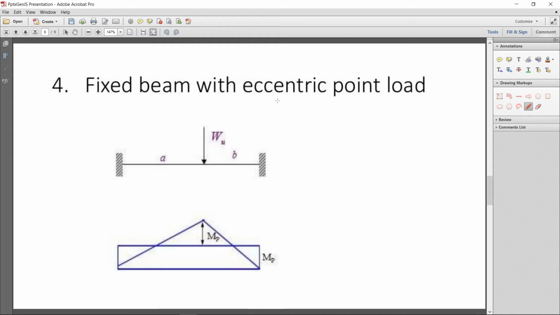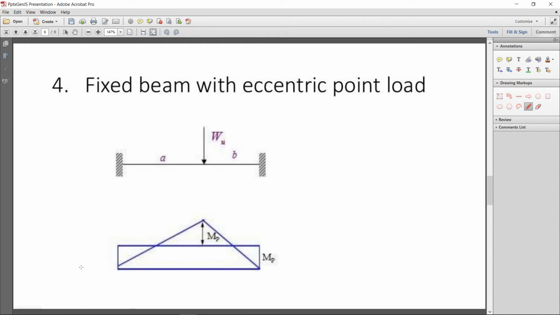Now fixed beam with the eccentric point load. Okay, now on the left side there is a greater length, that is A, and on the right side there is a smaller length, sorry, that is B. That is the bending moment diagram. Okay, at the support there is negative moment, and under the load there is a positive moment.